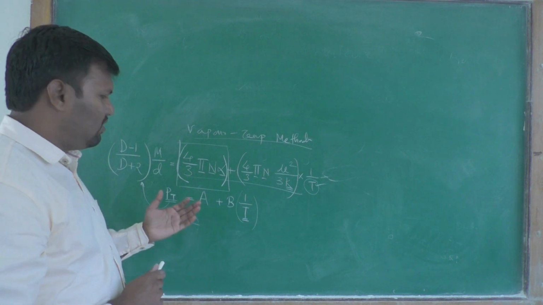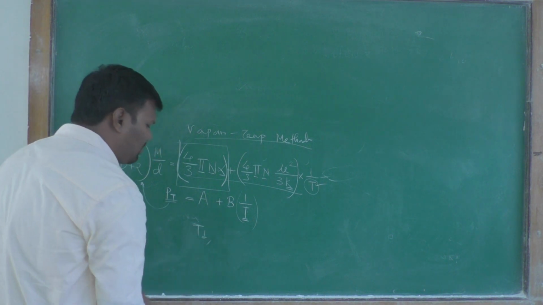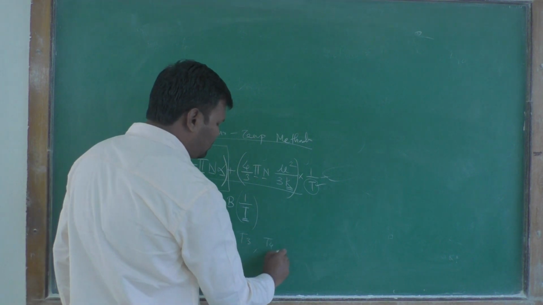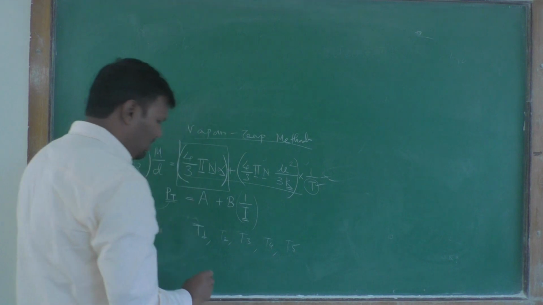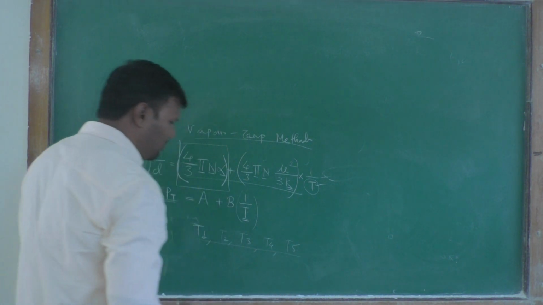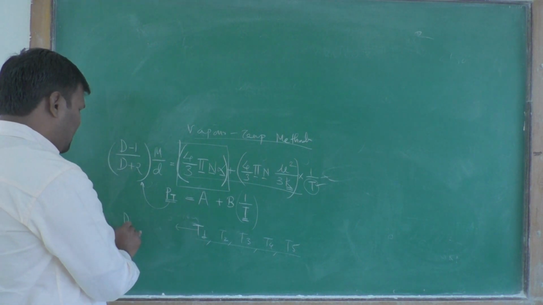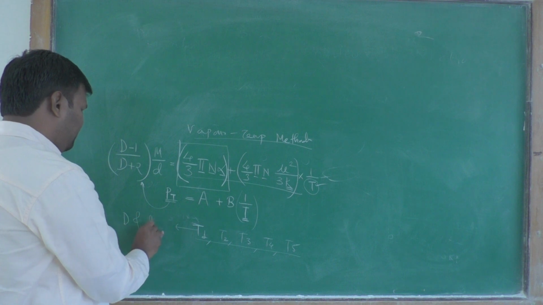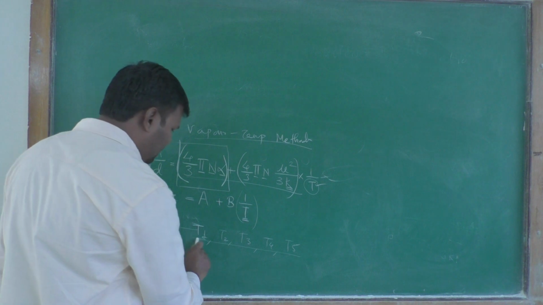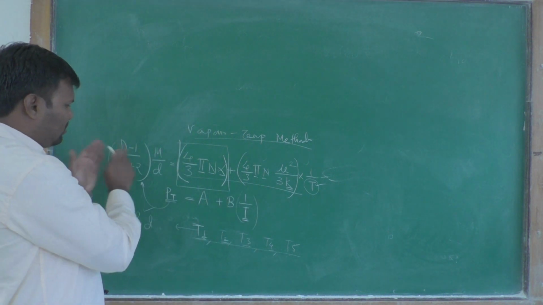We try the experiment at temperatures T1, T2, T3, T4 and T5. We find the PT values for the different temperatures, and we find the dielectric constant and density values for each temperature and put these values in this equation.